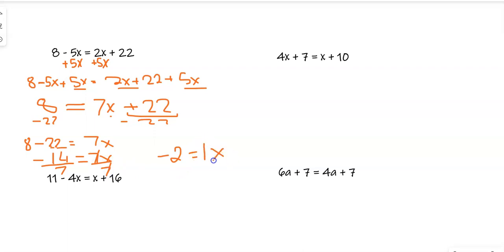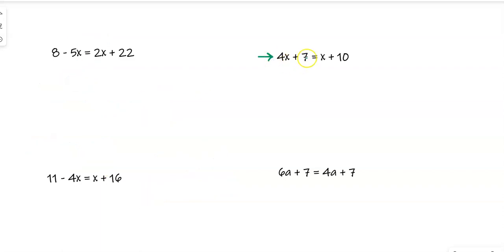We have 1x. So x equals negative 2. So we get the same result as the first time. So it doesn't matter from which side you want to get rid of the unknown, the variable, right? You can do it from the left, or you can get rid of x from the right side.